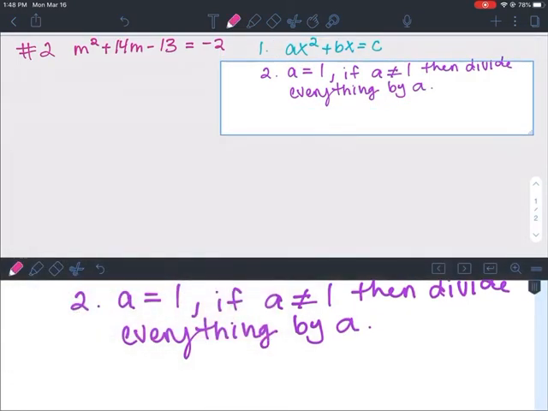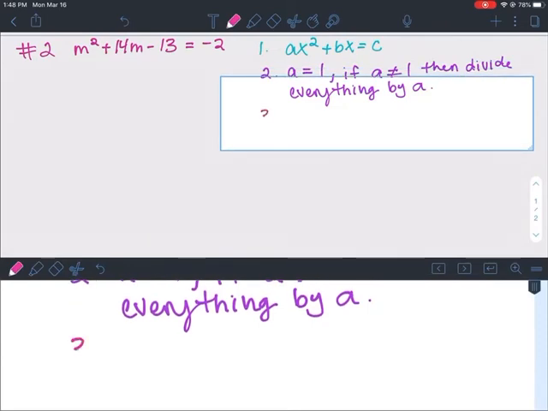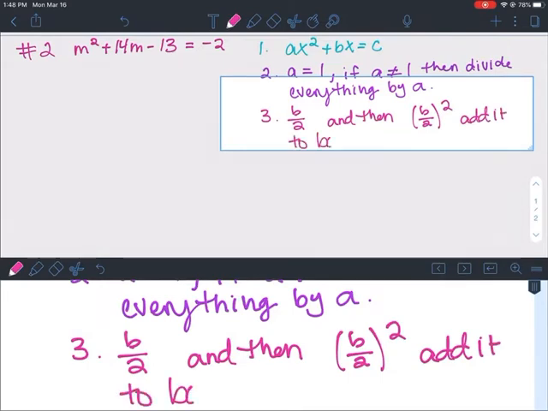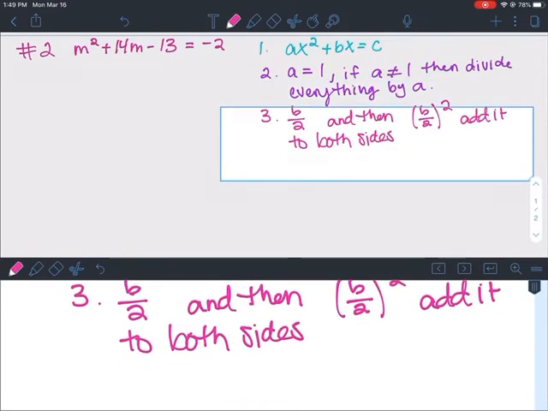Okay, from here we do step 3. We're going to do b divided by 2, and then we're going to square whatever that answer is and add it to both sides of the equation.